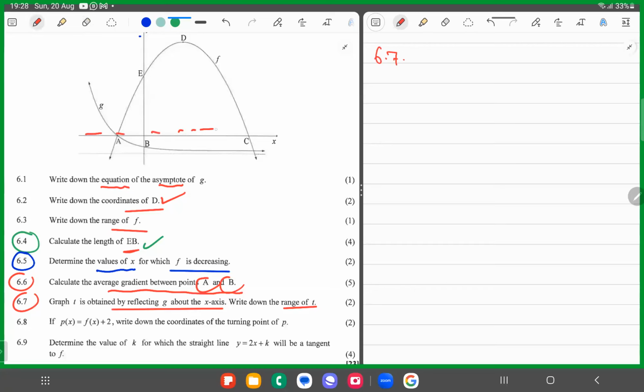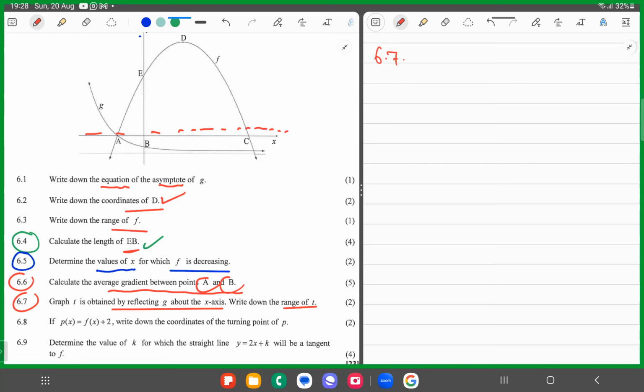So when we do the reflection about the x-axis as a line, what happens? We analyze these together when we do the reflections.